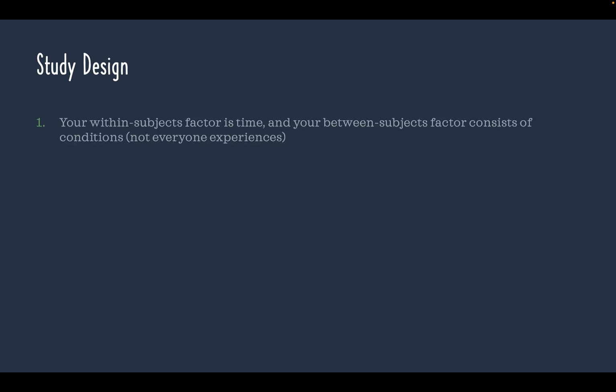All right, what about a study design? When are we going to use a two-way mixed ANOVA? One possibility is your within subjects factor is time, and your between subjects factor consists of conditions that not everyone experiences.